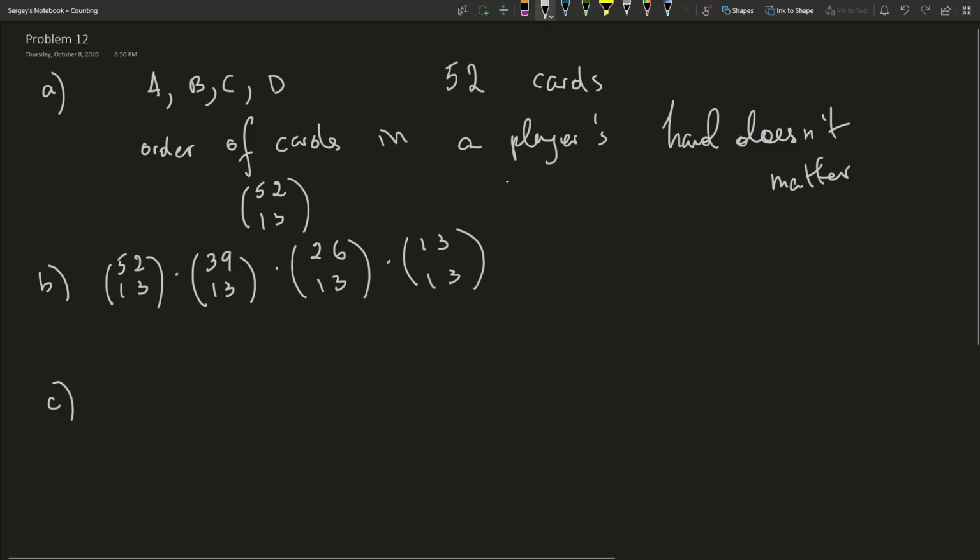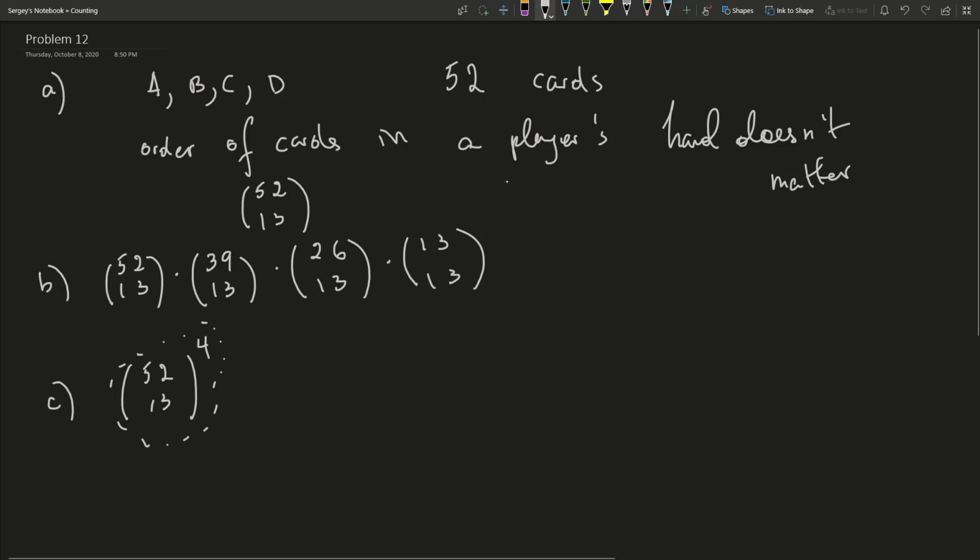And now part C asks us, why isn't the answer to part B just 52 choose 13 raised to the 4th power? Well, to understand the reason, let's understand what this term here means. What this term means is that each player A, B, C, and D, have 52 choose 13 possible ways to get 13 cards out of the deck.